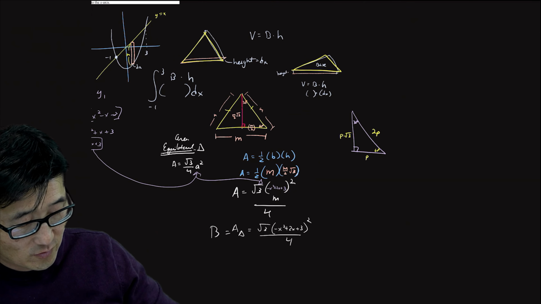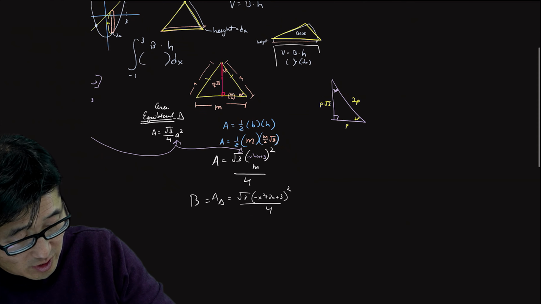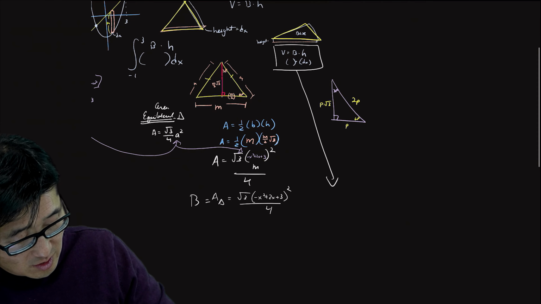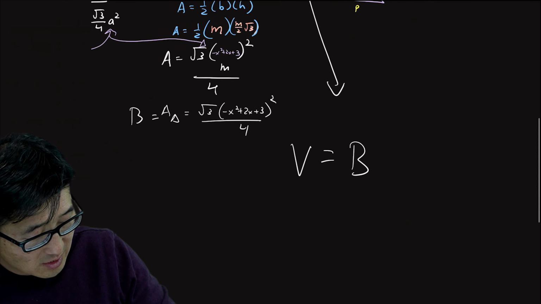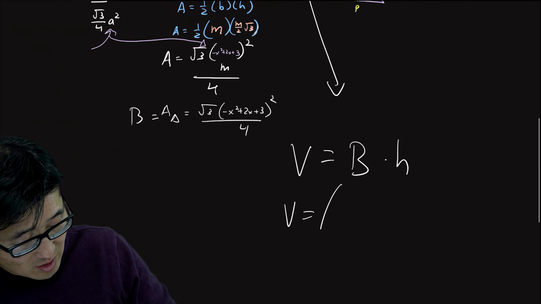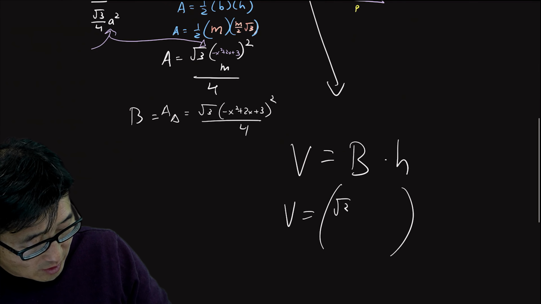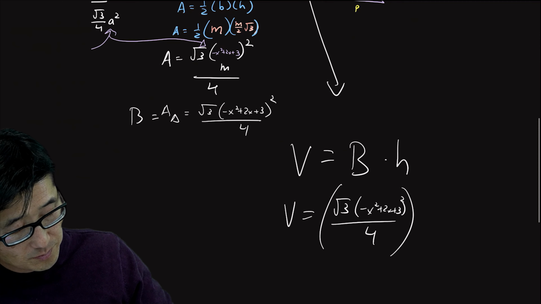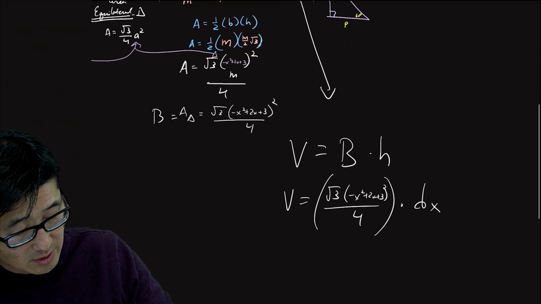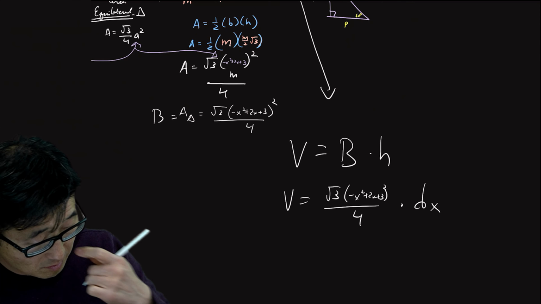Now this is my volume formula, so let me bring that all the way down here. The volume is equal to the area of the base times height. The area of the base is radical 3 times (negative x squared plus 2x plus 3) squared over 4, times dx.